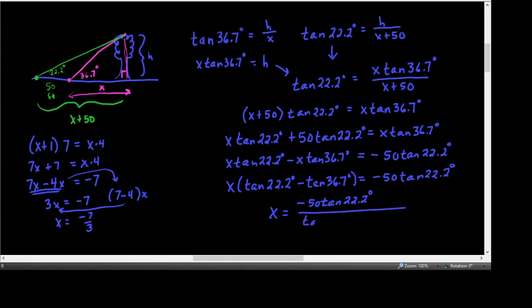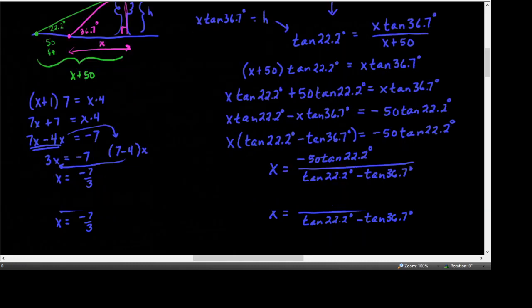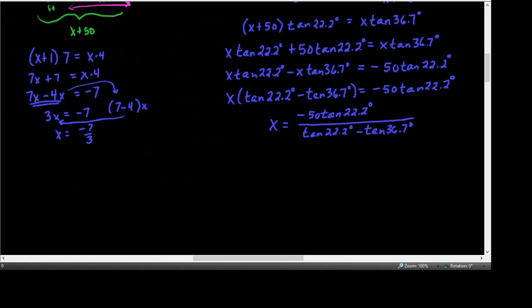Tangent of 22.2 degrees minus tangent of 36.7 degrees. Okay, it's probably the most complicated thing I've asked you to type, so please pause the recording, type that in, and see if you get the right answer.